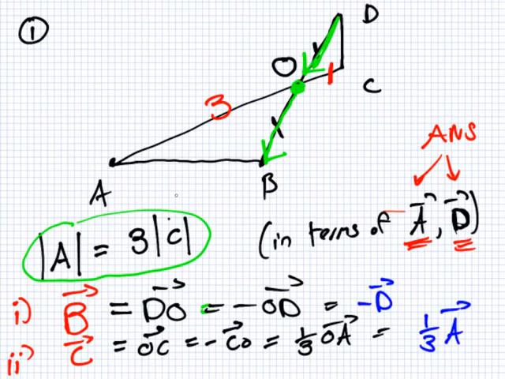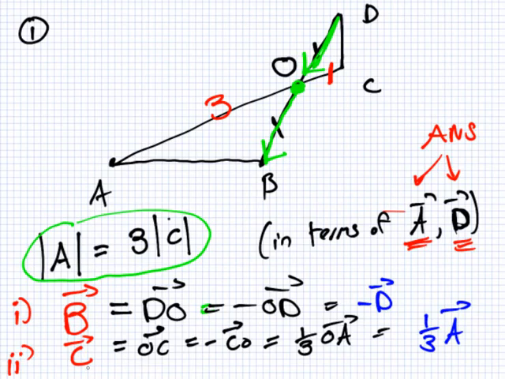Oh, maybe I made a mistake. Let me have a look. C is OC, which is minus CO, which is 1/3 OA, which is 1/3 A. Hang on.